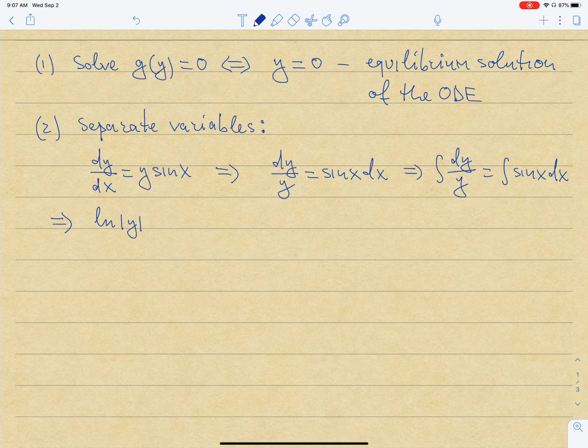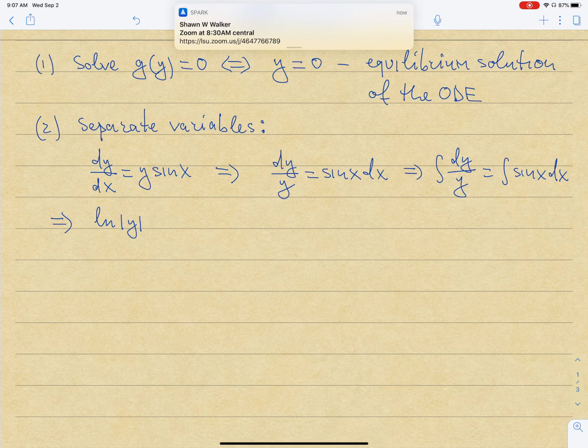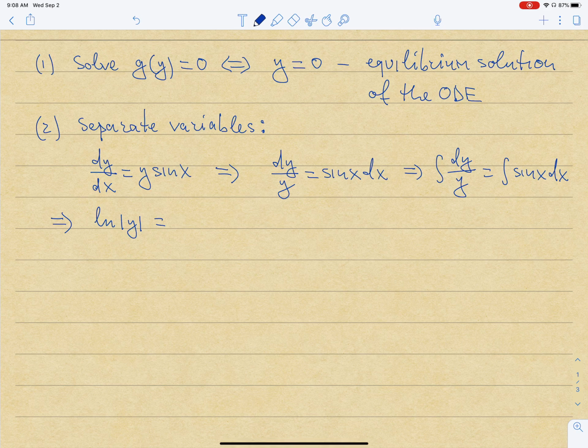In principle, I would have to write plus C, but let us not do that for a moment. So natural log of absolute value of y is equal to integral of sine x, that is going to be minus cosine of x. And so now let's argue why we don't need to add anything on the left-hand side. If I did, I would add some constant c1 here.